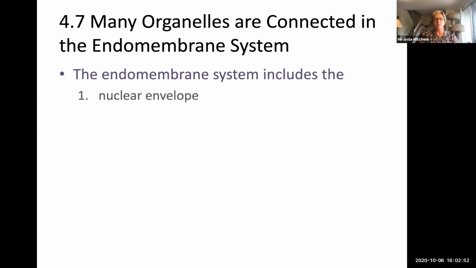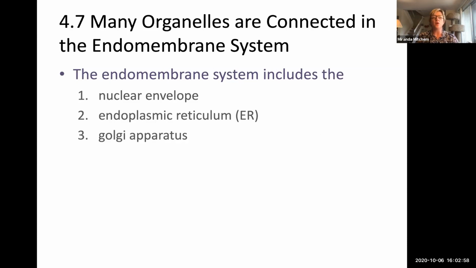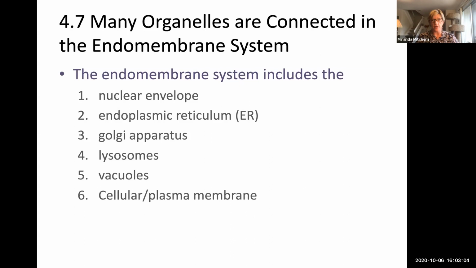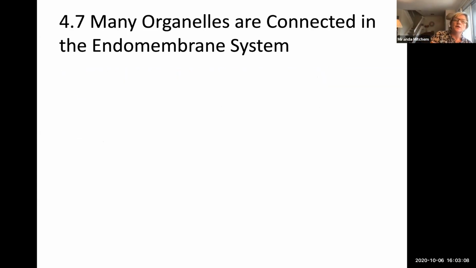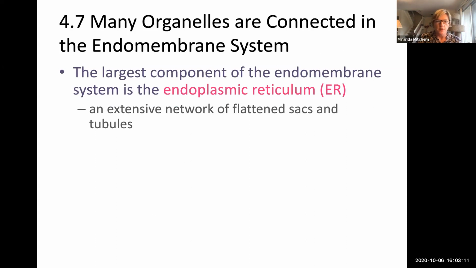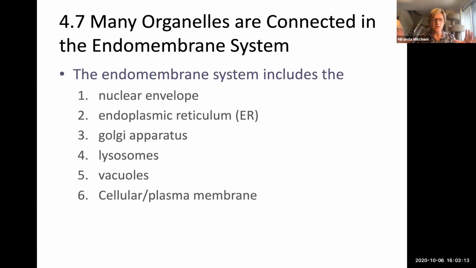So we've got many members. We've got the nuclear envelope, we've got the endoplasmic reticulum, the Golgi apparatus, lysosomes, vacuoles. The cellular or plasma membrane itself is also part of this system. Oops, sorry, I went too fast. Let me go back a minute. So we've got 6 members of the endomembrane system.